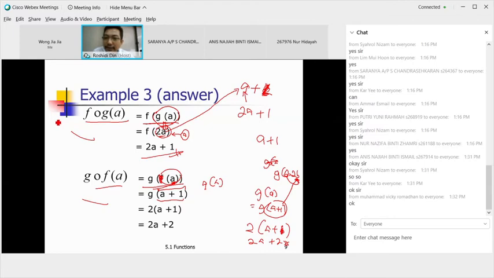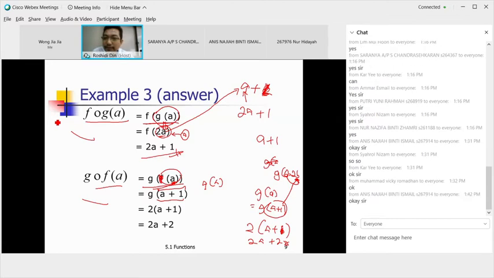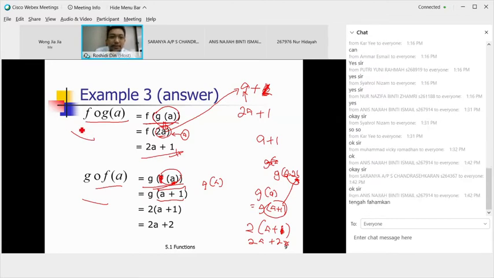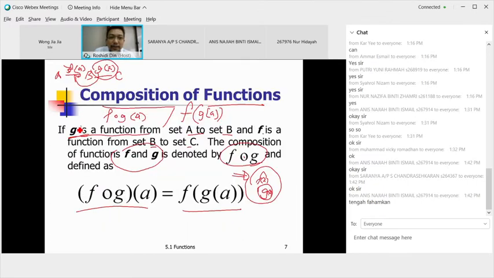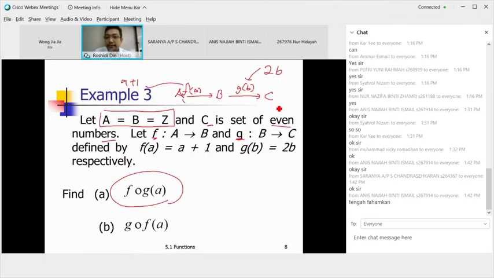Composition of function. I would like to give a question from this subtopic. So put a star for this composition of function.